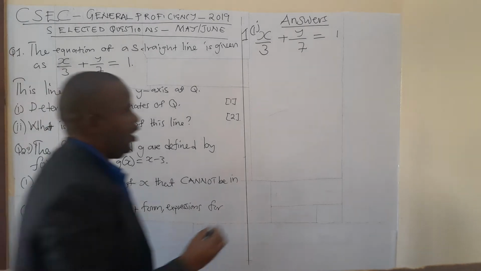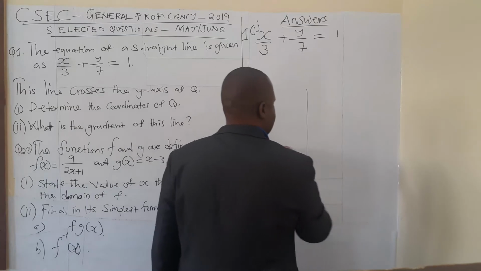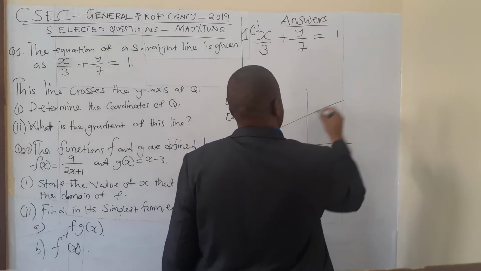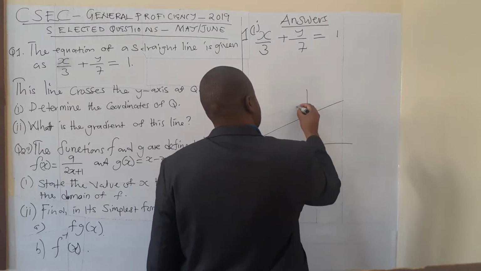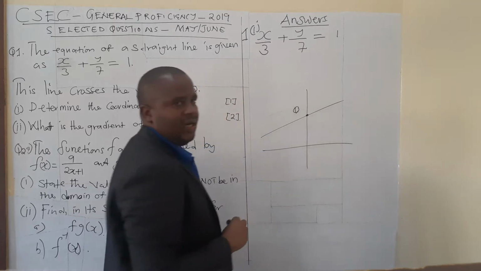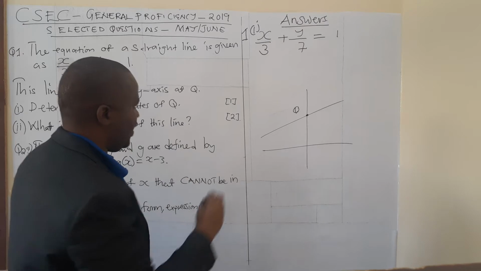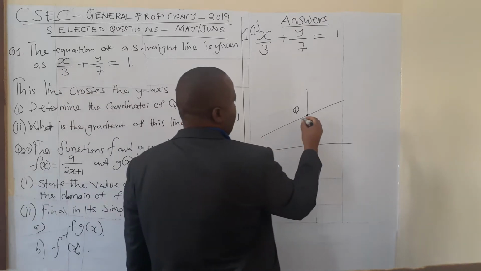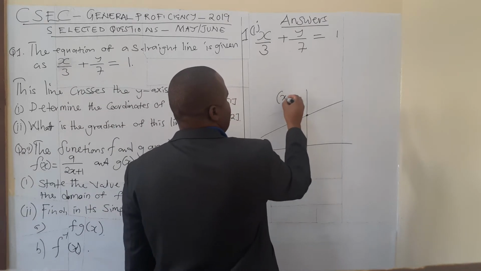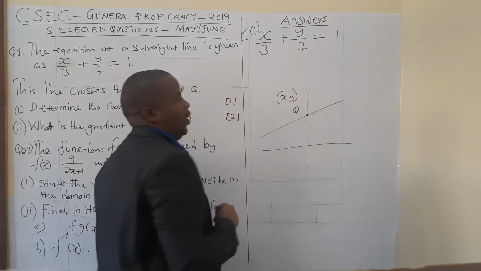Look, if you have the Cartesian plane, suppose this is what we have. Suppose this is our Q. Because I've been told that this line cuts the y-axis at that point, it simply means at this point we need to have these coordinates, x, comma, y.